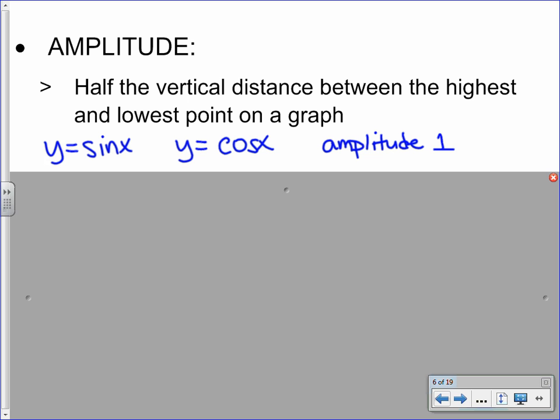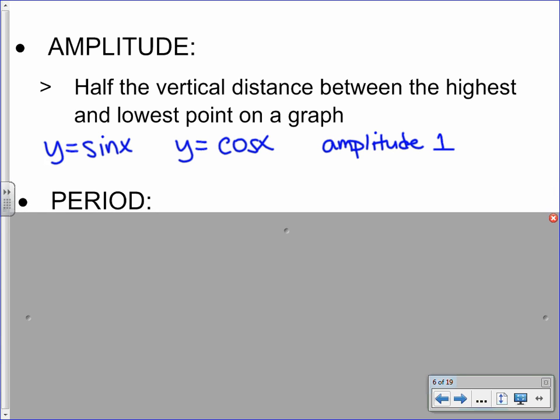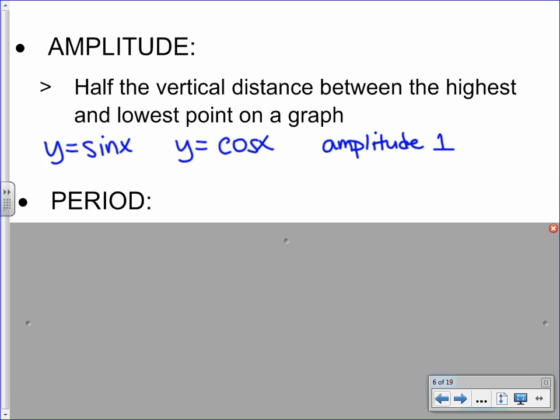Now you notice with both of these graphs, they repeat over and over again. They just keep oscillating in both directions. They follow the same pattern. Each graph will have what we call a period.